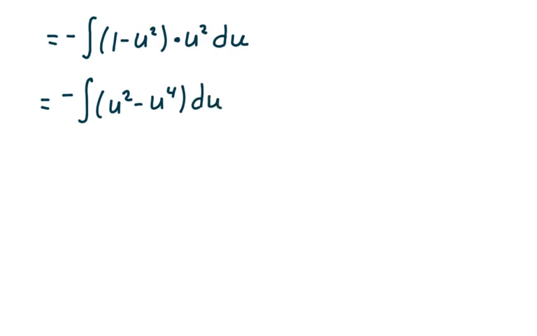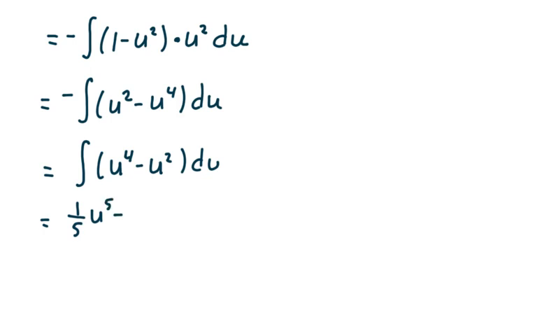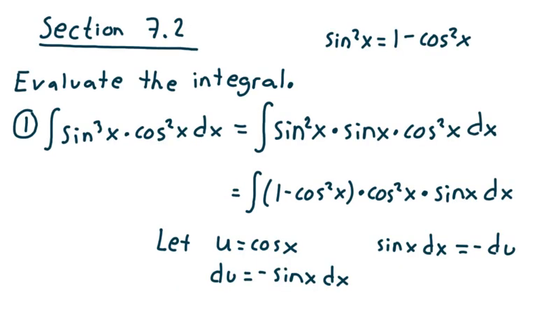Now, if you want, you can distribute that negative inside, and you can rewrite this as the integral of u to the fourth minus u squared du. And so this is 1/5 u to the fifth minus 1/3 u to the third plus c. Now, let's go back. What is u?